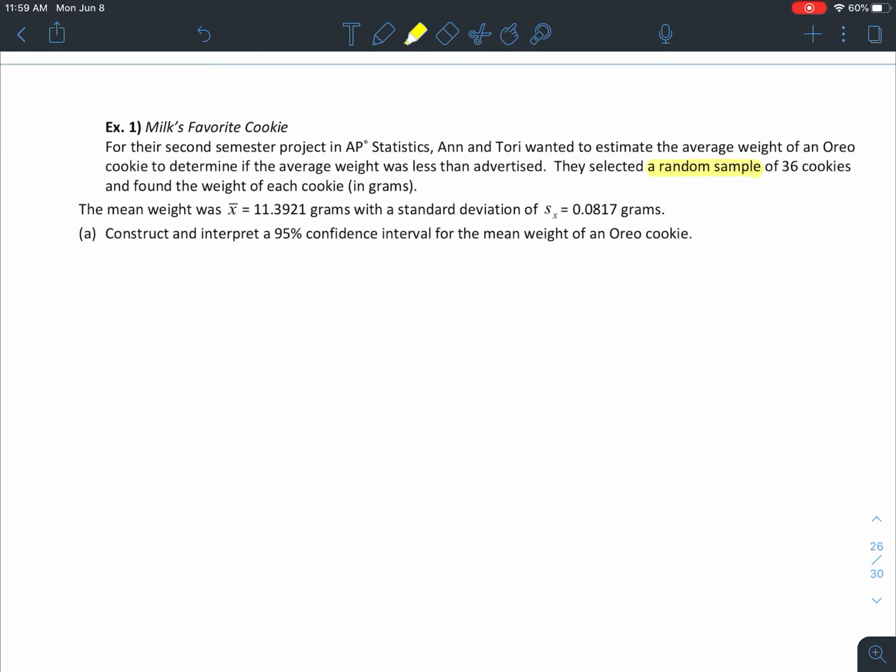They took a random sample of 36 cookies and they found the weight of each cookie in grams, and here's what they came up with. The average weight of their 36 cookies was 11.3921 grams, and the standard deviation for that sample was 0.0817 grams.